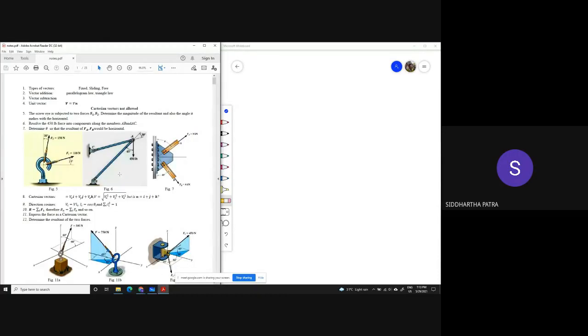Okay, so let's focus on the first problem. You have a hook to which are attached a couple of ropes, and along each rope certain forces are being applied. F1 is 100 Newton and F2 is 150 Newton. You can draw this image in your copy as well.